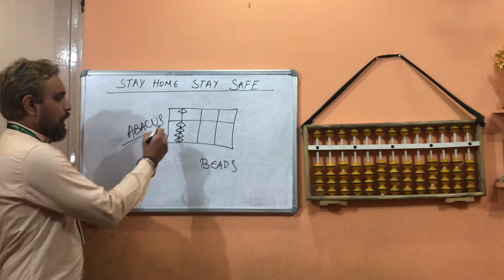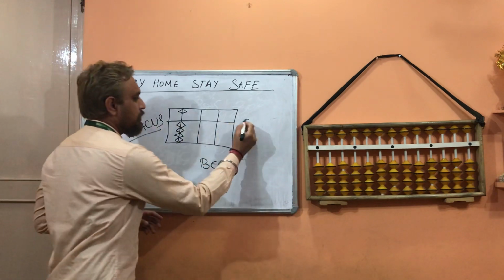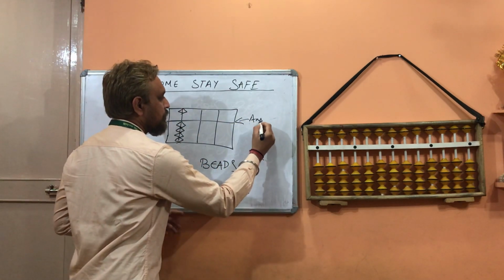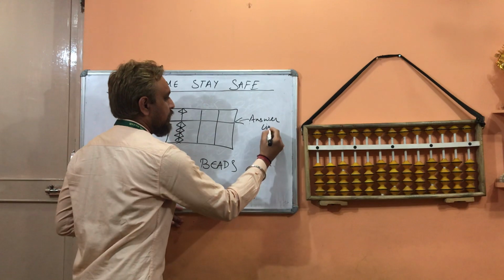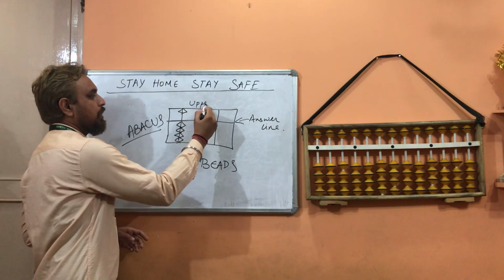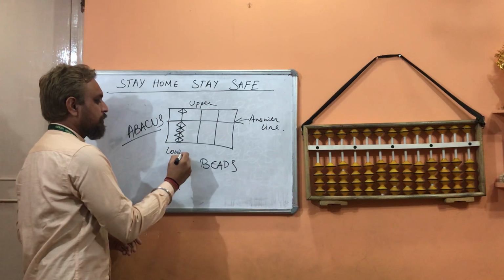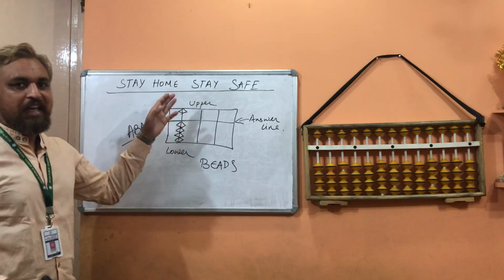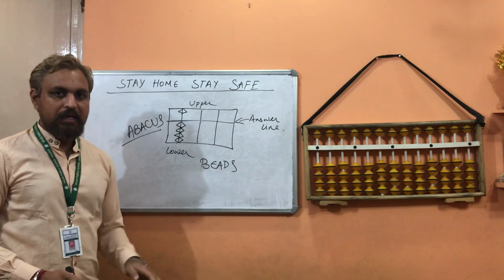So this is an answer line. This is the upper bead, this is the lower bead. This is also known as heaven beads, and this is earth beads.